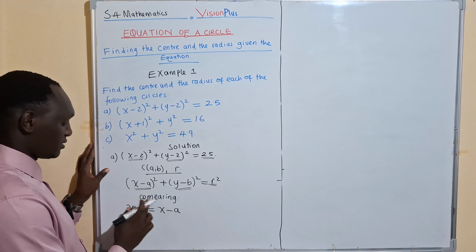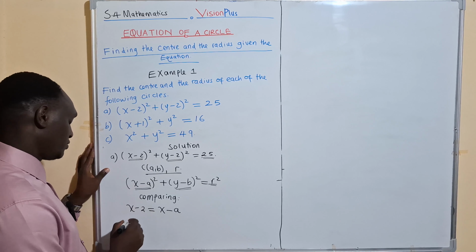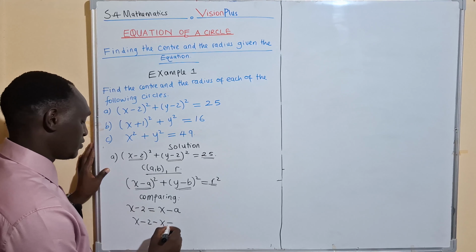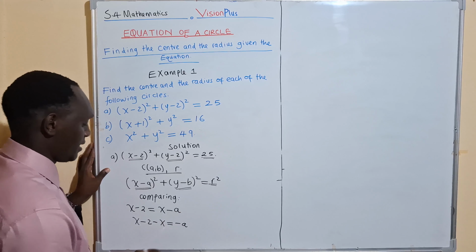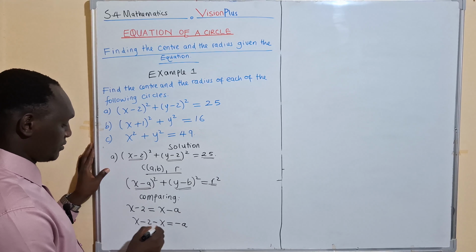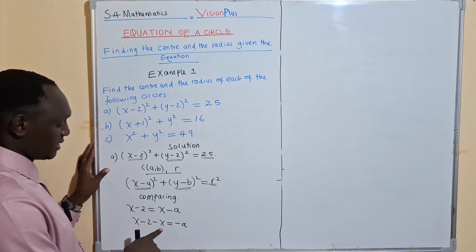When this x crosses the equal sign, it will change to minus. So we'll have x minus 2 minus x equals negative A. Then x and x will cancel, because this is positive and this is negative.